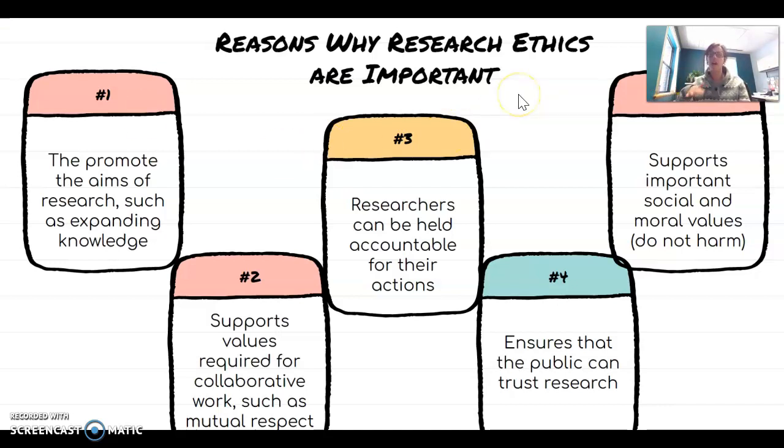So there's 5 different areas that the book identified, and they're all very valid. The first one is ethics are important because it promotes the aims of research, such as expanding knowledge. And so research isn't done usually just for funsies, like, oh, I'm bored, I'm going to do research. No, maybe that is something that you do, but not to this extent.